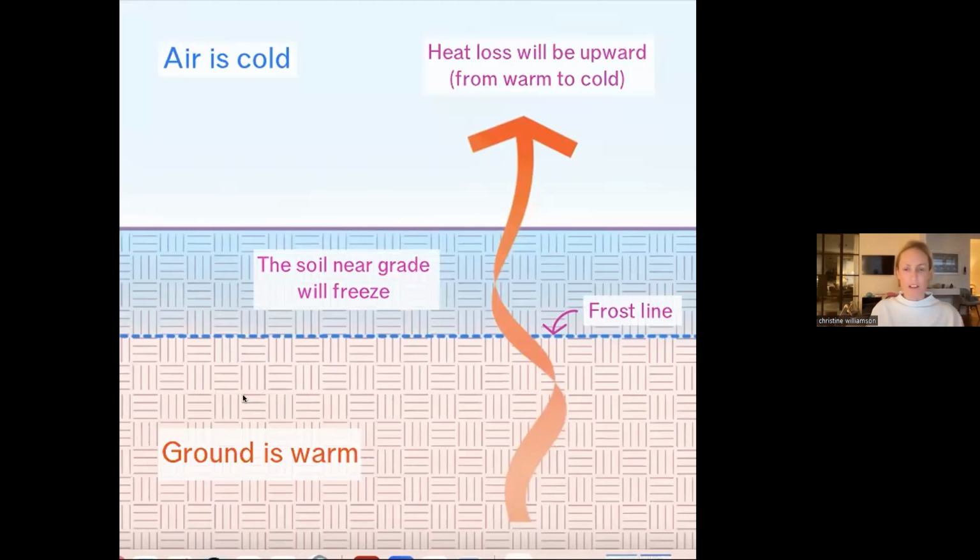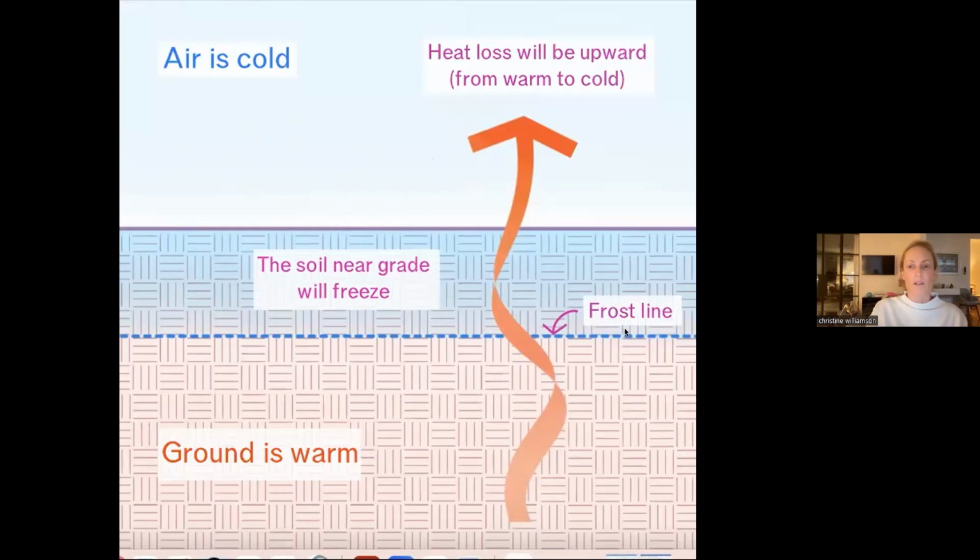And what that means, though, is that when the ground is warmer than the air, the ground will experience heat loss to the sky. And the heat loss is going to be greatest near the surface, the part that's adjacent to the cold. And so this soil near grade will end up freezing. If the climate is cold enough, this area will freeze.